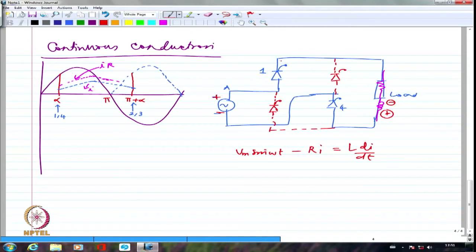1 is conducting, which is like a short circuit. 4 is conducting, which is also a short circuit. Because of these becoming like short circuits, and now I have come into negative half cycle, which makes this positive and this negative.